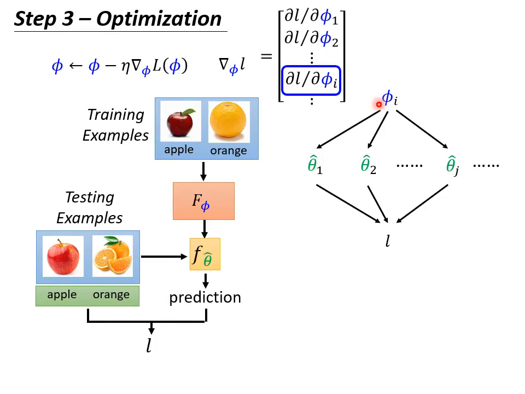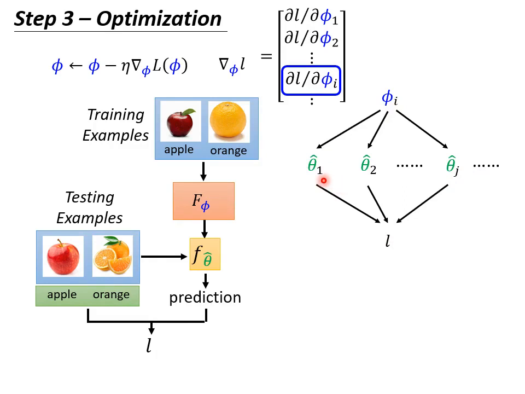So phi i influences all the parameters in theta hat, all the parameters in the learned model. Then this learned model will influence the small l we have. We have different theta hat, then we have different L. So theta hat determines the small l we have. So phi i influences L through theta hat.